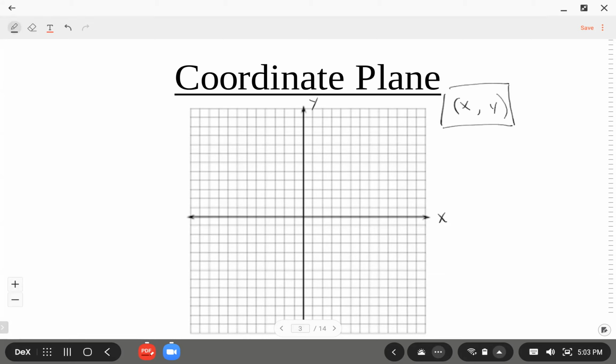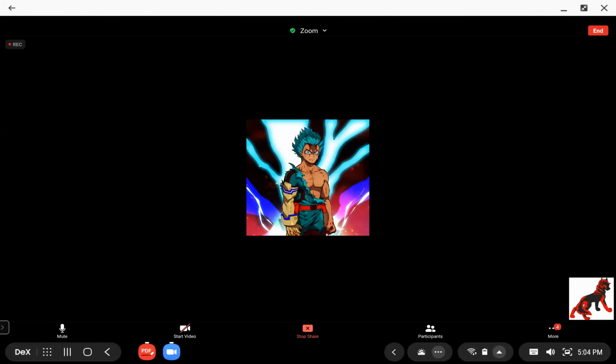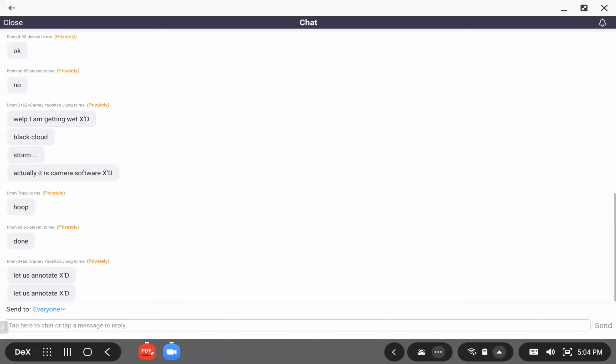Okay, and then let's do a small warm-up exercise. Please graph (5, 3) on the coordinate plane. For this question, you can't really post your answer in the chat box, but I would like you to try and do this warm-up exercise, and get your brain warmed up for the next subjects.